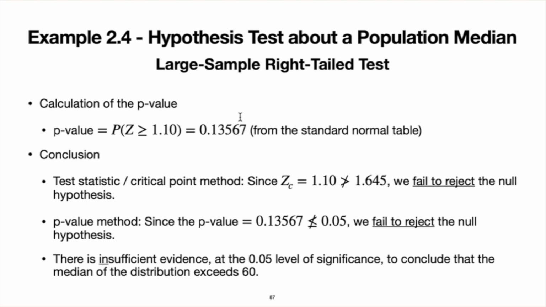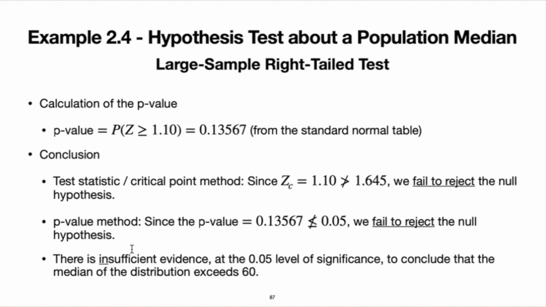And so what is our conclusion? Well, I've drawn a conclusion using both methods, the test statistic and critical point method, and the p-value method. Utilizing the test statistic and critical point method first, because zcalc, which is 1.1, is not greater than 1.645, we fail to reject the null hypothesis.